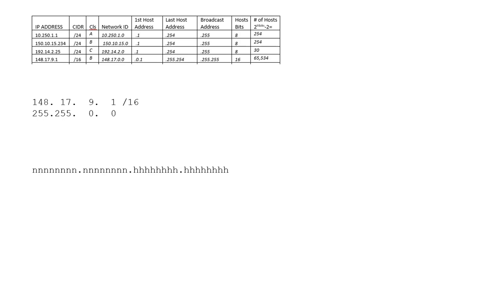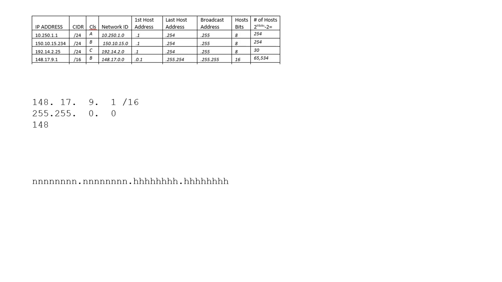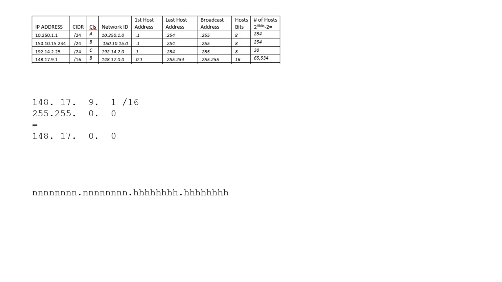Now in terms of the network ID, very quickly, the 148 will come down and the 17 will come down, but our third octet is going to be a 0, and our fourth octet is going to be a 0. So that's your network ID right there. Okay. So next, what we're going to try to figure out are our host addresses. What is the first host address? What is the last host address? What is the broadcast address?